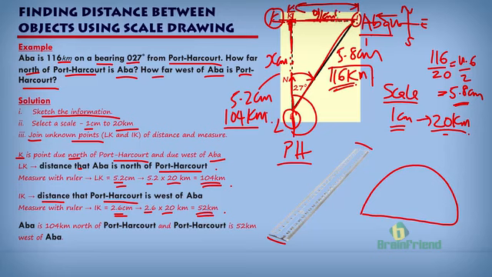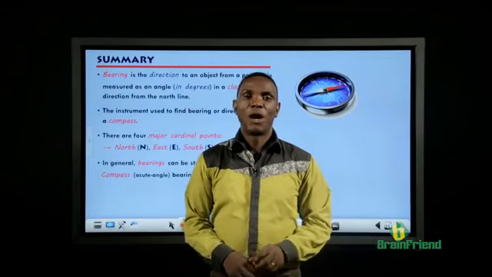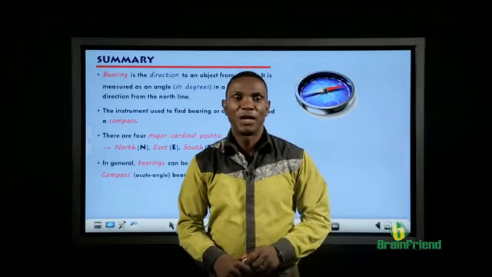So we have 52 kilometers as the distance between the west of Aba to Port Harcourt. All right? So we say Aba is 104 kilometers north of Port Harcourt, and Port Harcourt is 52 kilometers west of Aba.